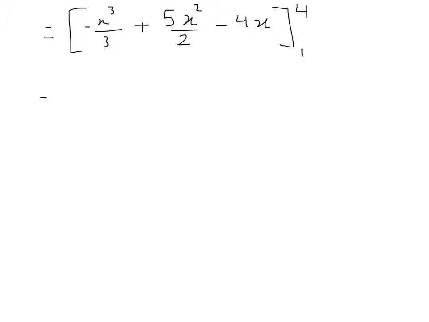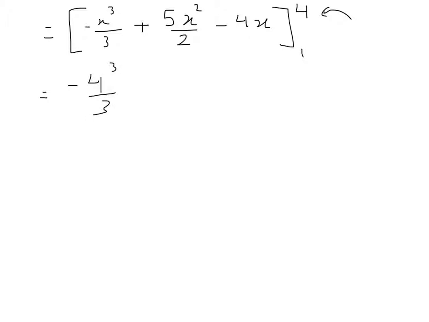Okay, continuing integration, use the square brackets in this case, and you will end up with minus x cubed over 3. It's the normal way of integrating. Plus 5x squared over 2 minus 4x, and the limits from 1 to 4. The next step is, of course, substituting 4 first instead of x, and then minus substituting the 1 in, and we will end up with minus 4 cubed over 3.